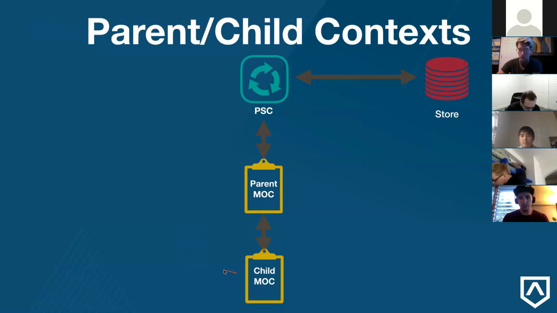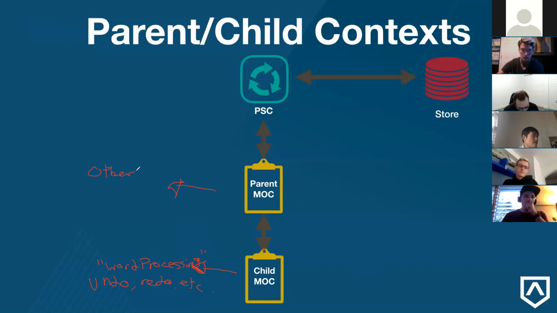So we could say that this child managed object context is used for the word processing, like undo, redo, etc. While this one could be for just other objects in the app.